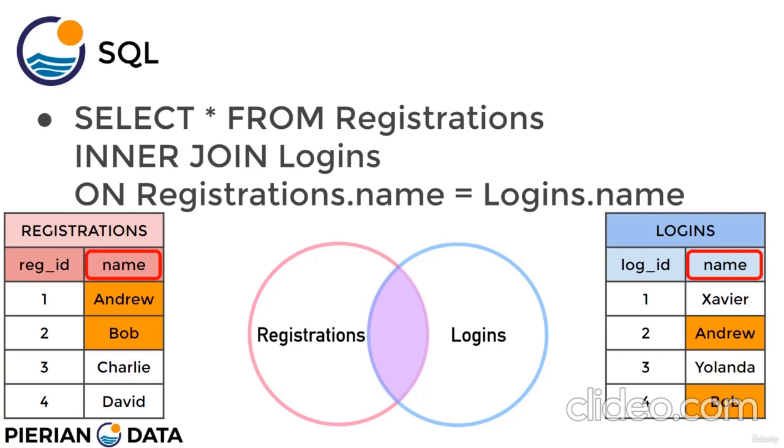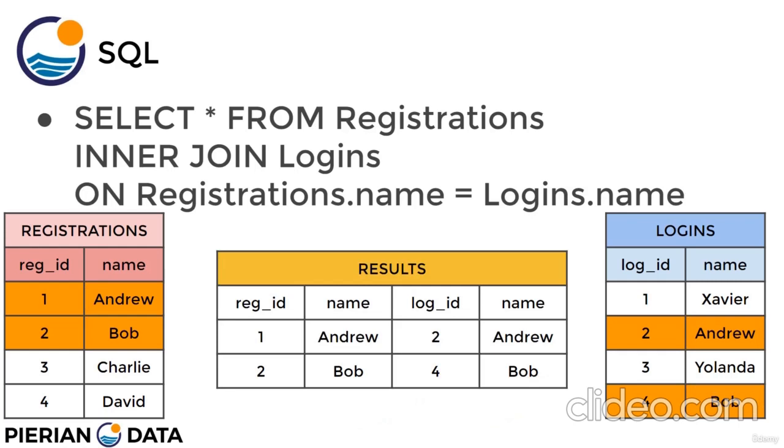And that happens to be Andrew and Bob. And so we said select all the columns from these. So that includes the registration ID column as well as the login ID column. So we have these 4 columns, we have the matches, and we join them together to see this result. So this is selecting all the columns from the result of registrations inner joined with logins on the name column. Okay, and that's it. That's an inner join.